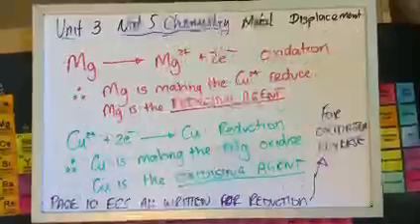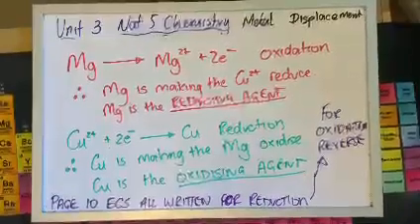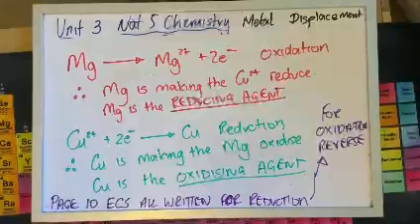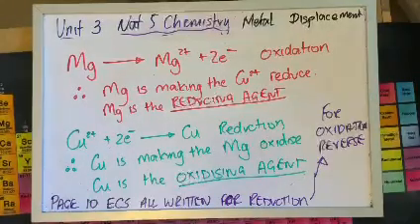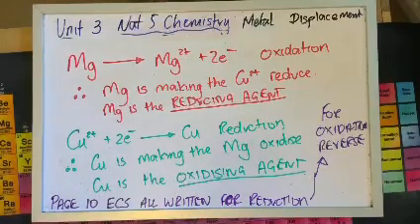So we're coming to the end of this little bit, and we've got magnesium. We can see the magnesium, which is going to donate electrons, that's oxidation as an equation. But the magnesium itself is making the copper reduce. So the magnesium, even though it's being oxidised, is a reducing agent.